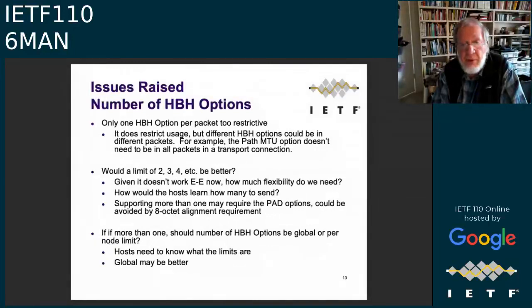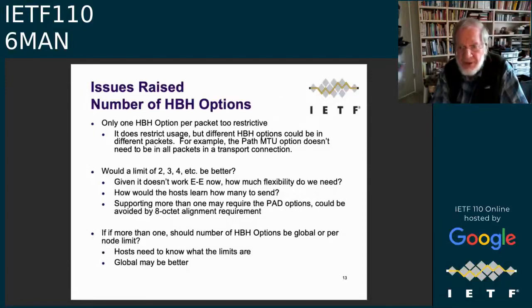There we go. This was a very active topic in the email thread, so these are pulled together. How many hop-by-hop options should be allowed? I'm proposing one, and it is restrictive, I agree, but different hop-by-hop options could be used in different packets. They don't all have to be in the same ones, and they don't need to be in every packet.